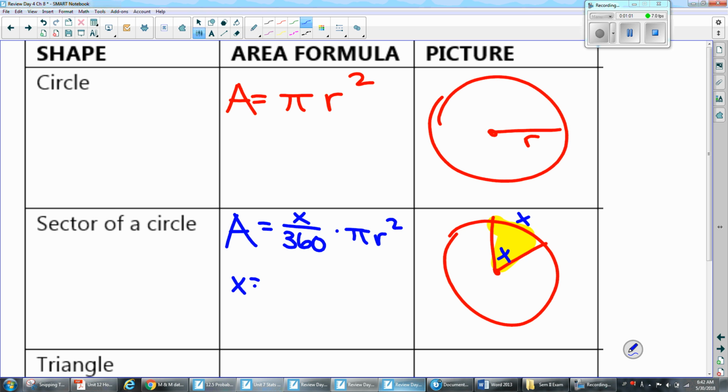Again, remember that that x is the central angle measure, or it would be the same as your arc measure.